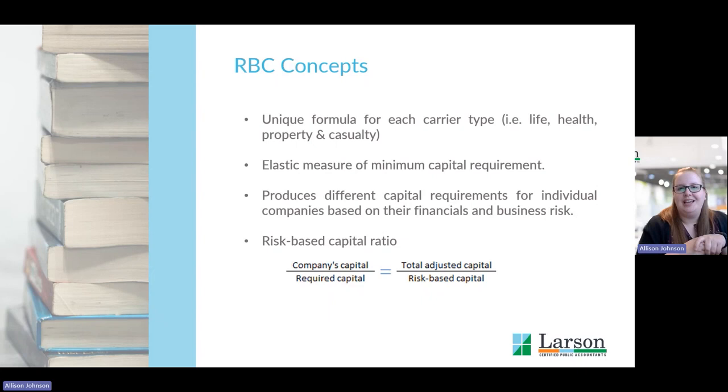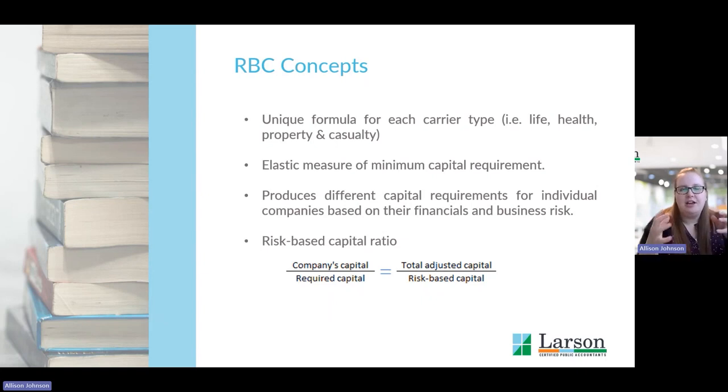It also produces different capital requirements for different companies, which makes sense, right? Different companies have different underwriting risk, they have different markets and different target insureds, they have different investment portfolios. So while the formula is the same, we wouldn't expect any two insurance carriers to have the exact same RBC inputs and results.